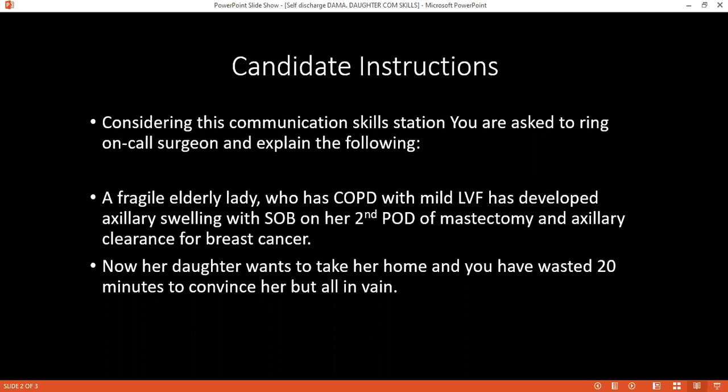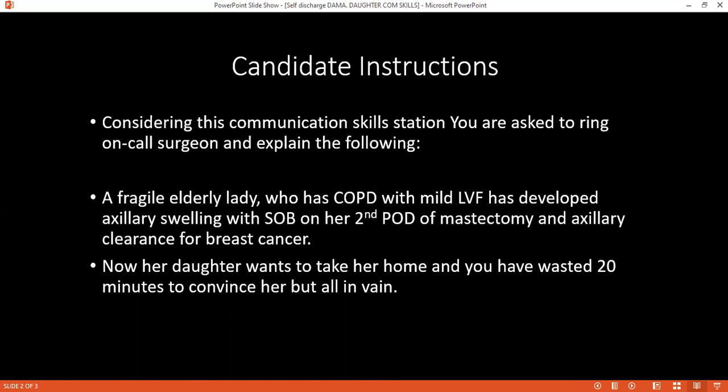Sir, there is a situation I have here. There is an elderly lady who has a coronary failure. She has developed an axillary swelling with shortness of breath. She had a mastectomy 2 days ago and axillary clearance for breast cancer.